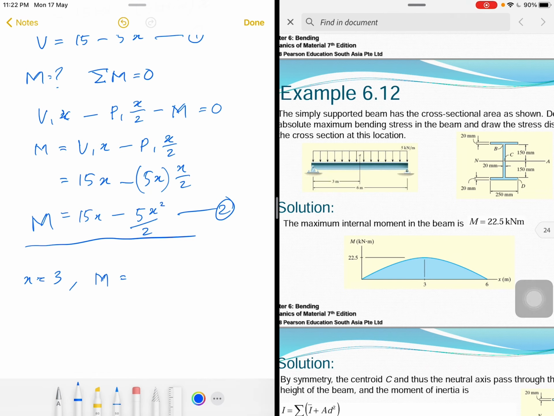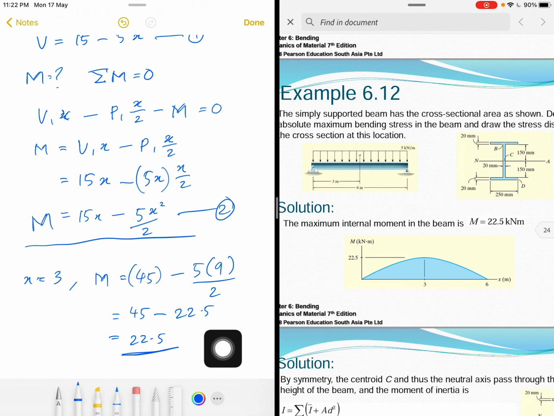M equals 45 minus 5 times 9 over 2. 45 minus 45 over 2, 22.5. So this is equal to 22.5. So this is similar with this one. Okay, so this equation is correct.